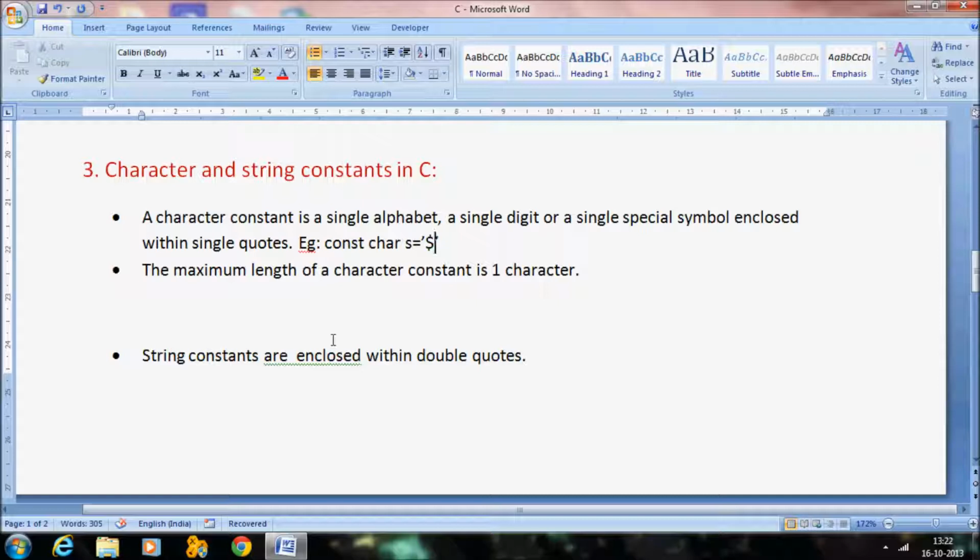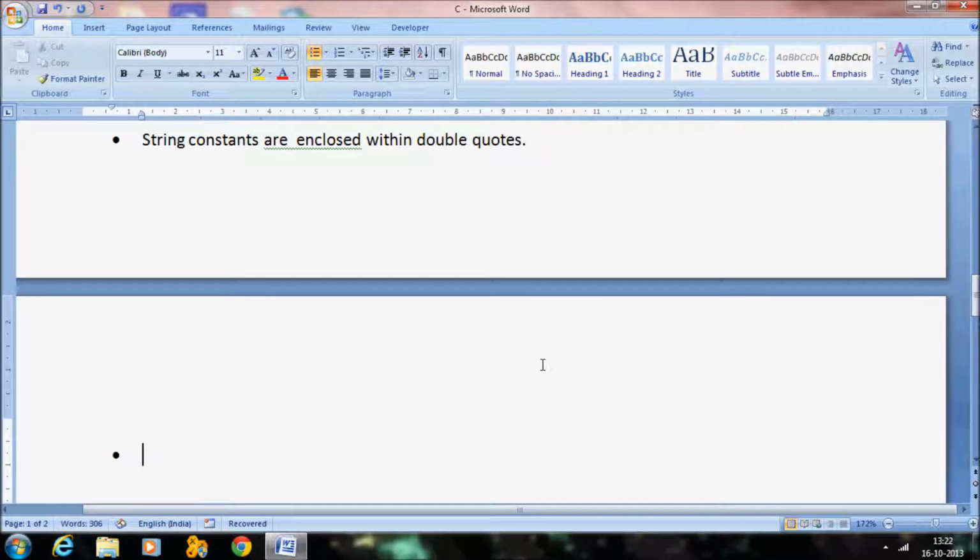Coming to the string constant, I have explained it together here because no other rules need to be followed, only one: string constants are enclosed within double quotes. A string is nothing but a collection of letters or alphabets, so it should always be within double quotes. For example, like this, say hello.